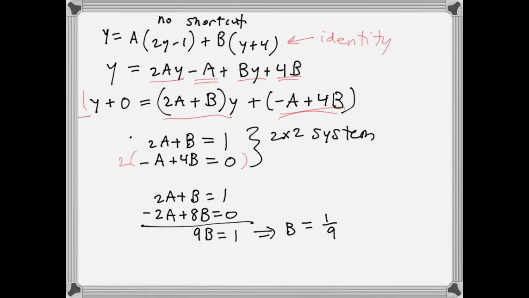And so now what we're going to do is figure out the other variable, right? So if b is equal to 1/9, that means if we use this top equation, we get 2a plus 1/9 equals 1, or 2a is equal to 8/9, or a is equal to 4/9.